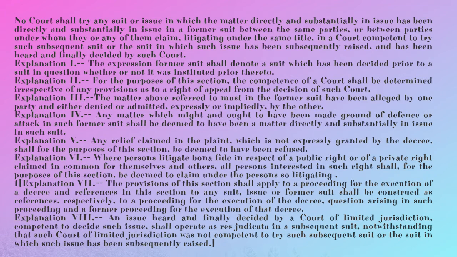Now let us cite one example of res judicata to make it more simple to understand the principle of res judicata, based on State of UP versus Nawab Hussain case. 1977 Supreme Court decision, State of UP versus Nawab Hussain.